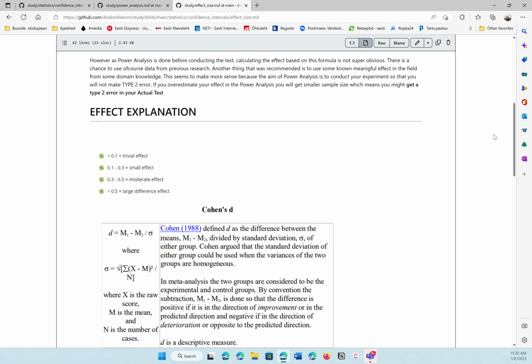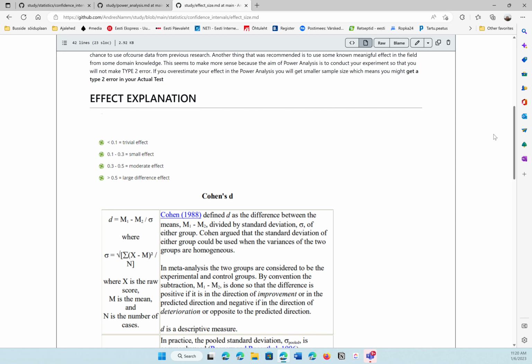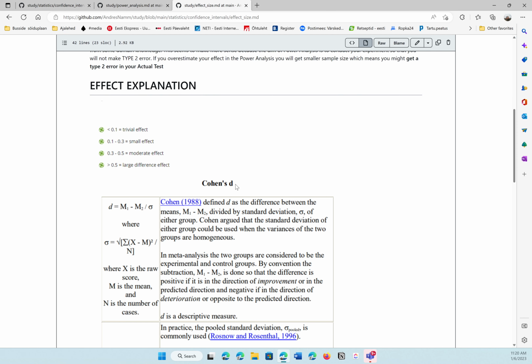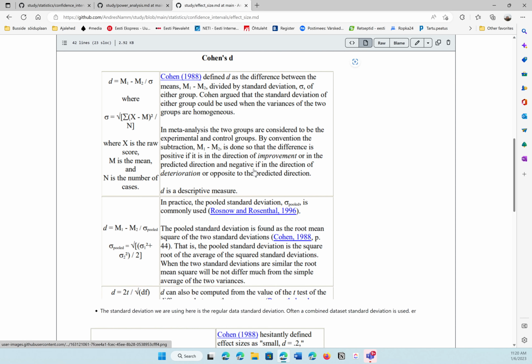And just a little bit of a deeper dive into this effect as well. If we look at this chart over here, if the effect value is larger than 0.5, we can say that there is quite a large difference for the effect. And this is derived by this scientist called Cohen.